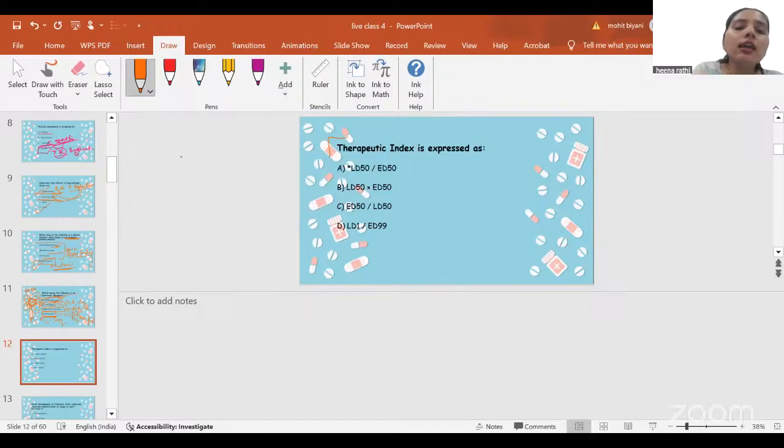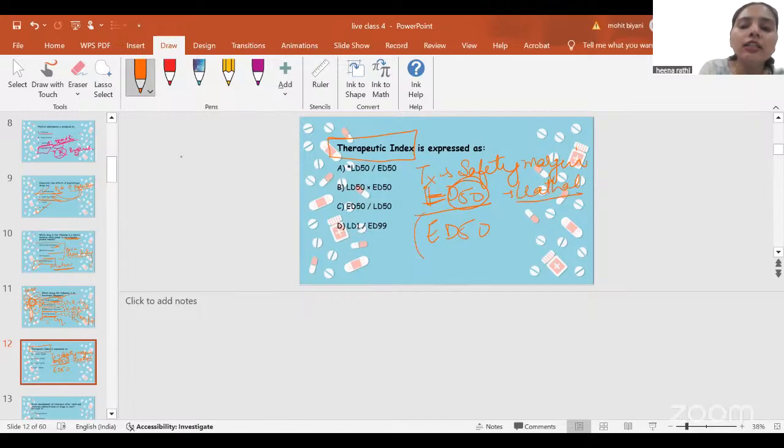Next is the therapeutic index. What is therapeutic index? Therapeutic index expresses the safety margin of the drug, how safe the drug is for the person. Therapeutic index can be calculated by LD50 divided by ED50. What is LD50? L means lethal dose, E means effective dose.